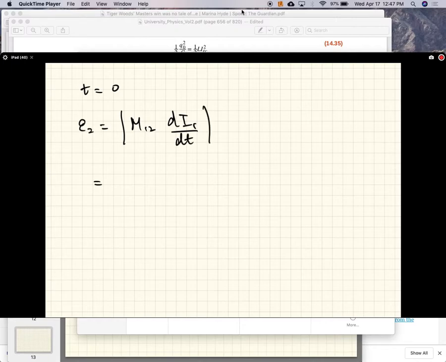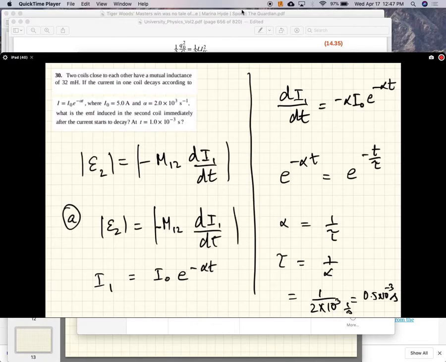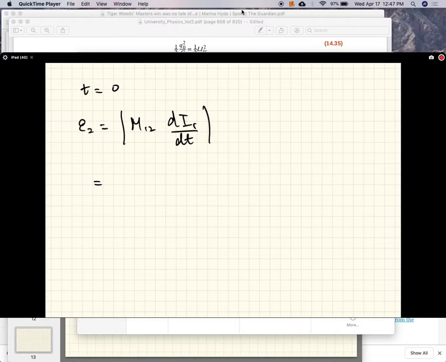M12 they give you the value of. The mutual inductance is 32 millihenries. So I'll write that in a second, but di1 by dt is minus alpha I naught e to the power of minus alpha t.